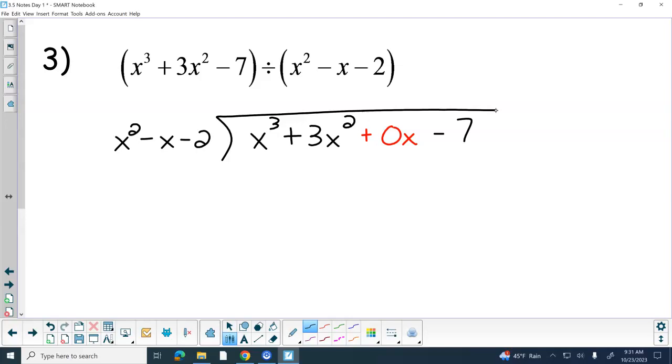Gotta have all of them through there. Need those placeholders. Okay? And again, you play the game of first. To make x squared be x cubed, I'm going to multiply by x.